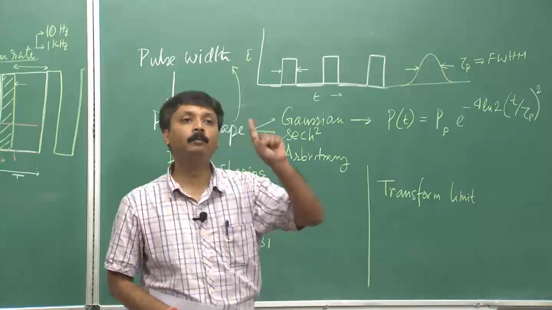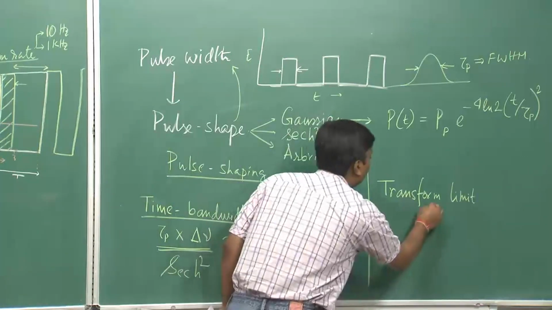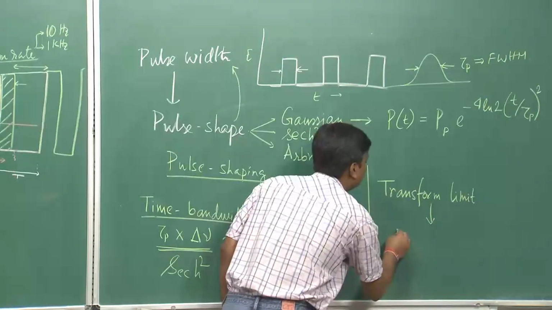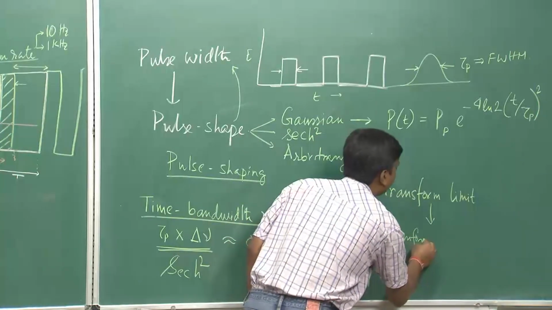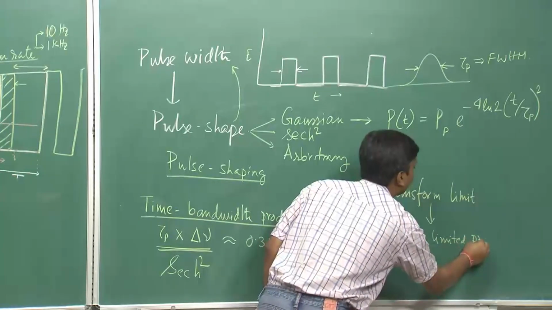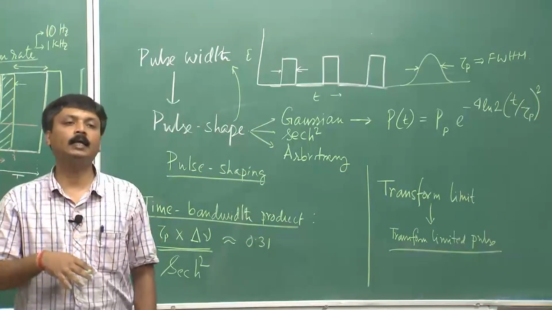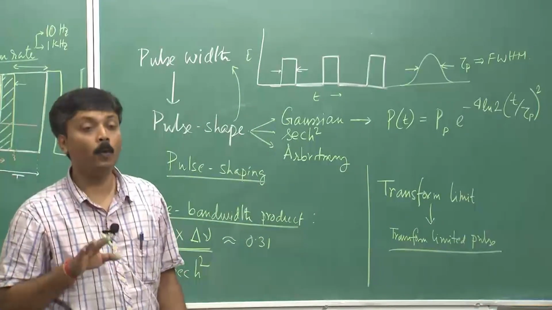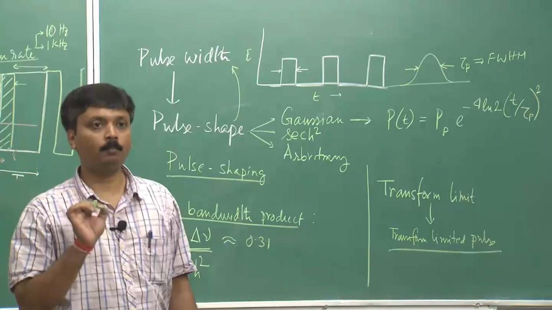The moment I reach that limit, my pulse is known as a transform limited pulse. These terms are extremely important when we deal with ultrashort pulses.